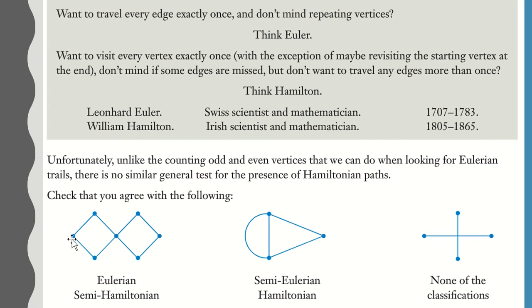So Eulerian, for this one here. We want to travel every edge exactly once, don't mind repeating vertices. So we need to start at a particular vertex, make our way around, hitting every edge, and we can repeat vertices.